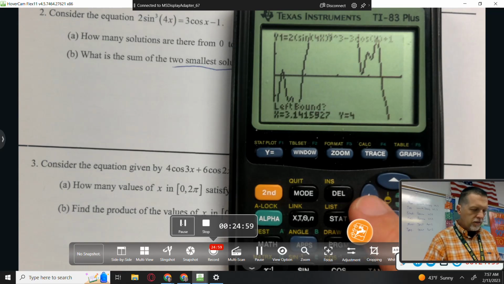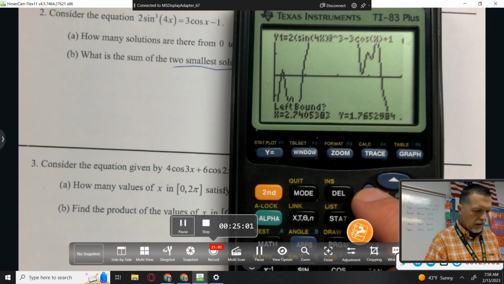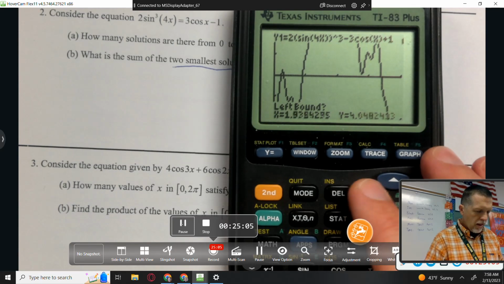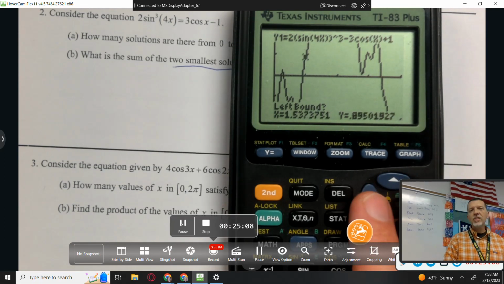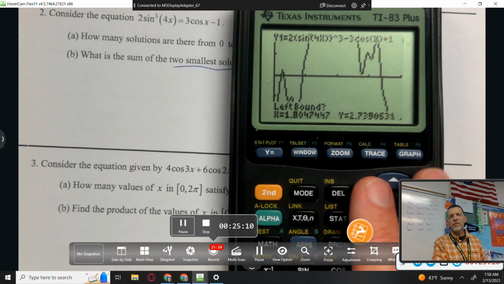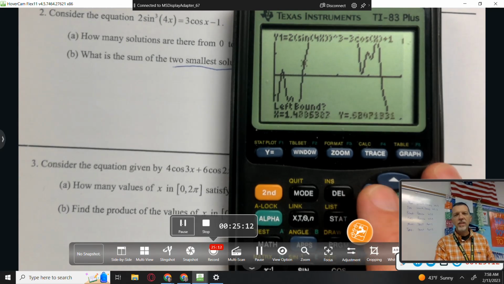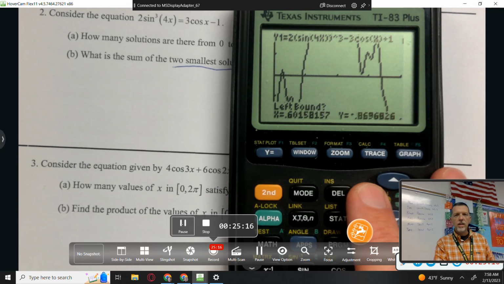Second calc 0. I guess here's the downfall of not seeing the whole graph, is that sometimes you can't find your cursor. But there it is. Left bound means to the left of the 0.